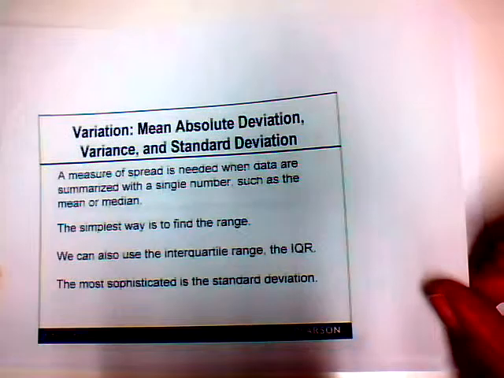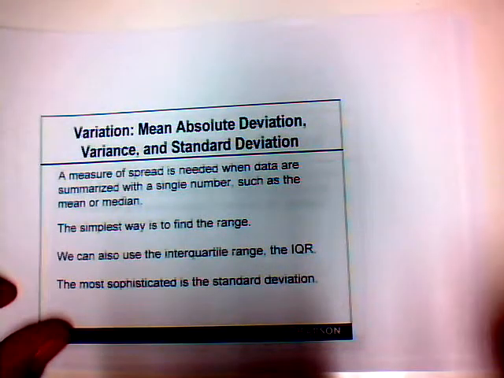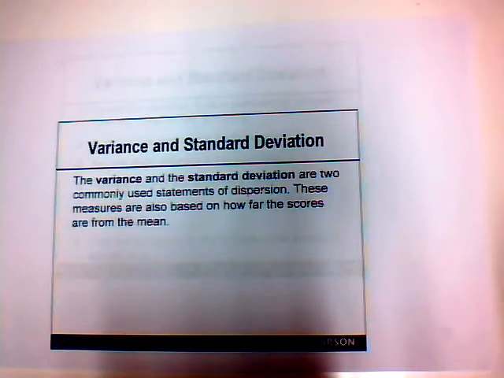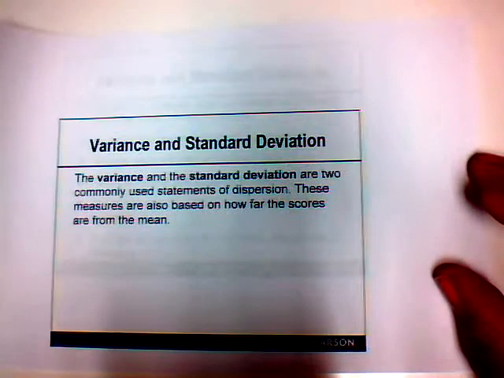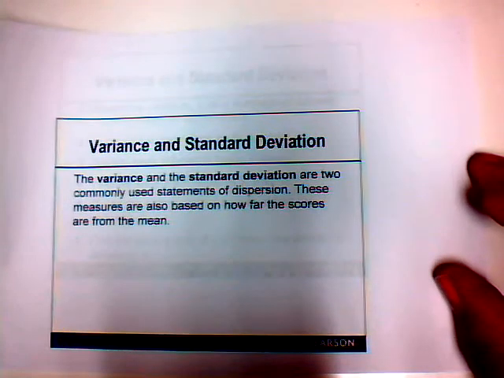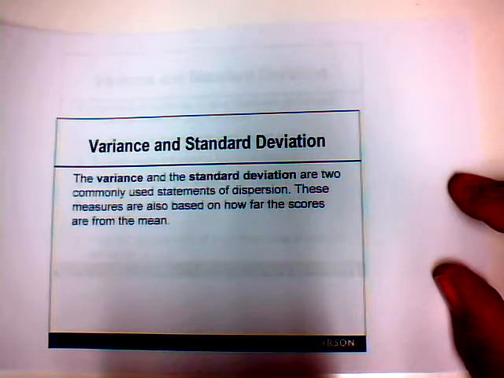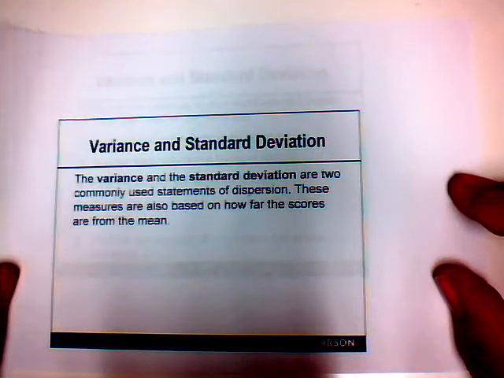We can also use the interquartile range, or the IQR. The most sophisticated is the standard deviation. The variance and standard deviation are two commonly used measures of dispersion. The measures are also based on how far the scores are from the mean.